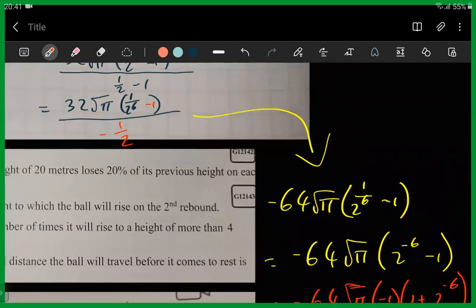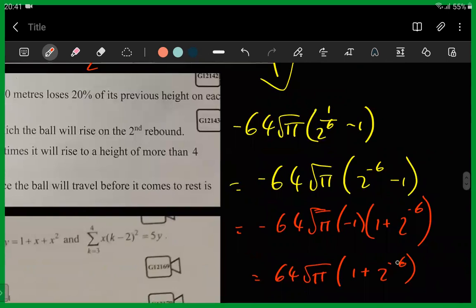Oh wait, no. If you take out a negative here, no, I made a mistake. It's just a sign error. I don't know what I'm thinking. If you take out a negative here, this becomes a negative, because the negative is out. Remember, it's initially a plus. So it's just a sign error. Okay.